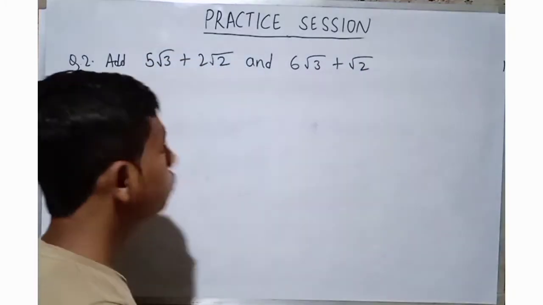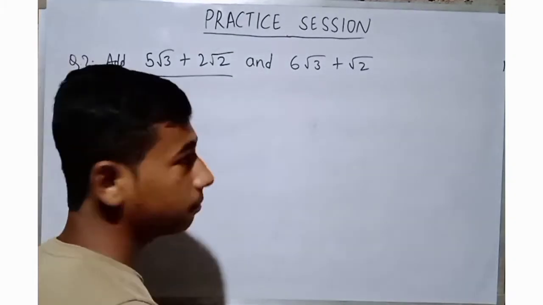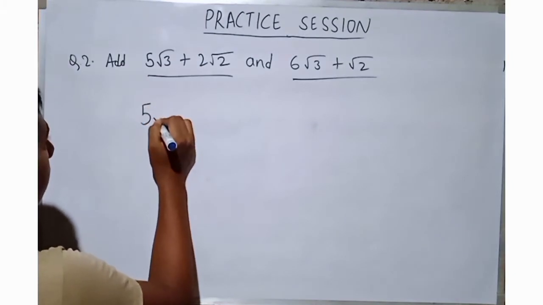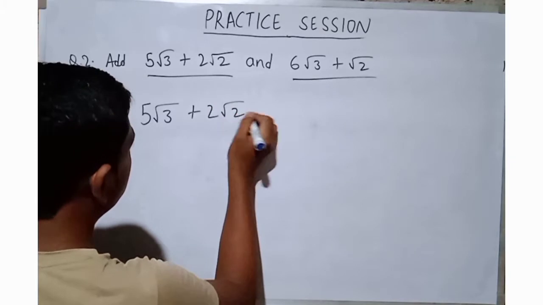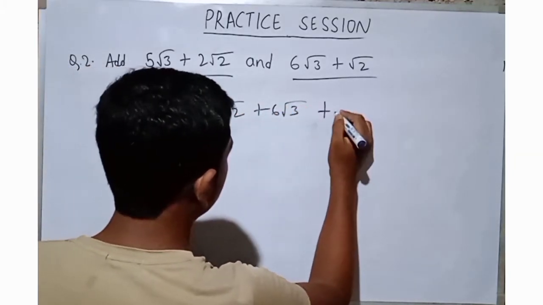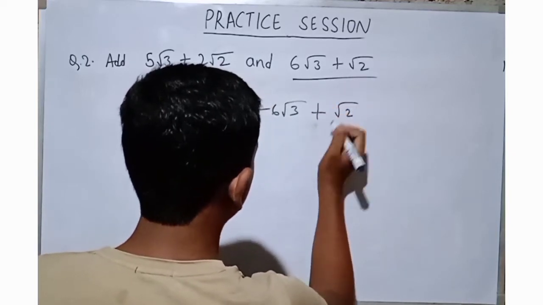You have to add both of these numbers. This is one number and this is another number. So let's add 5 root 3 plus 2 root 2 plus 6 root 3 plus root 2.